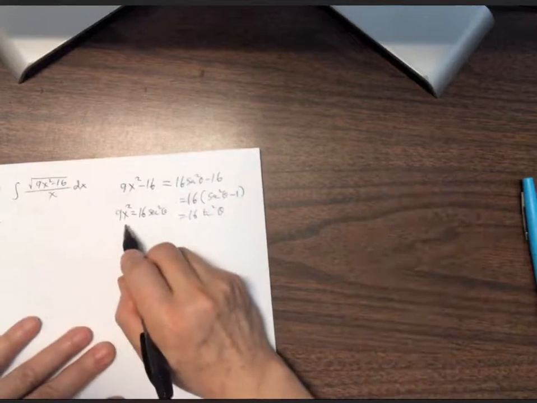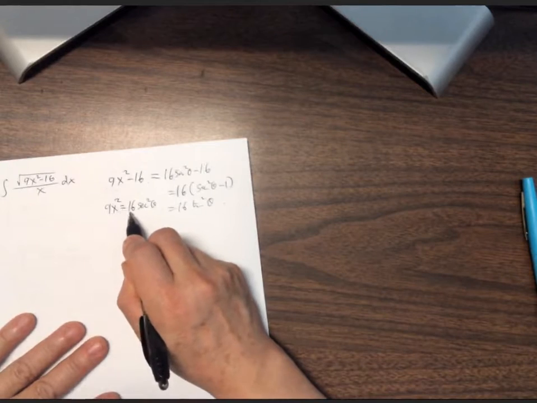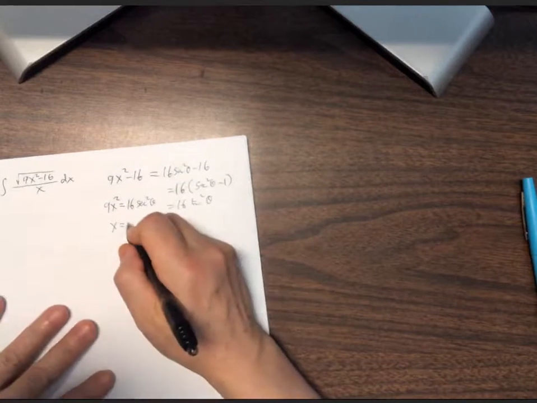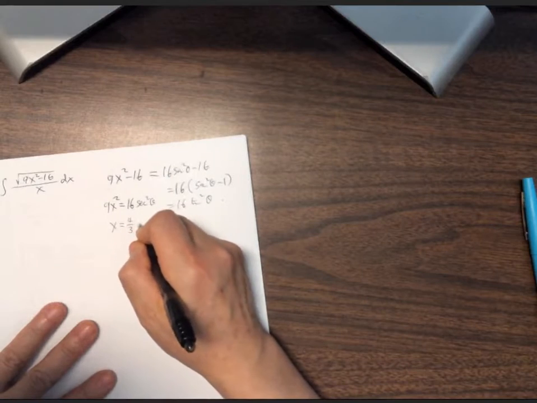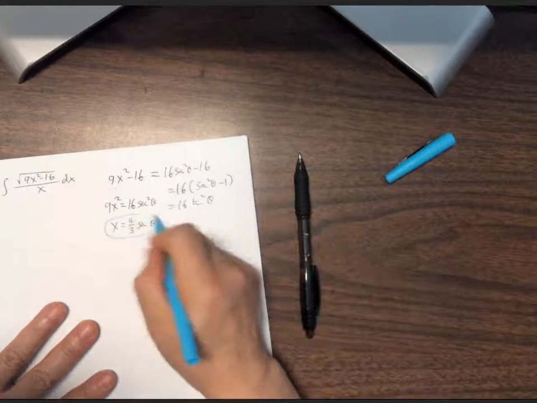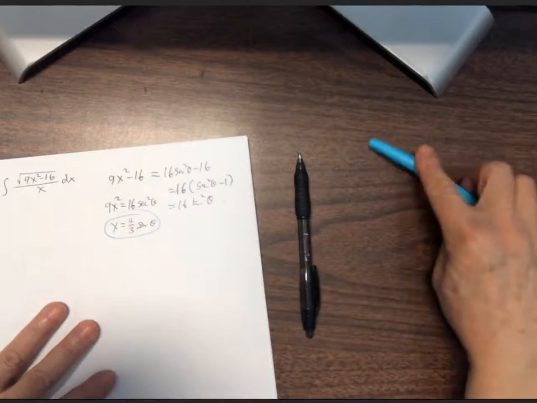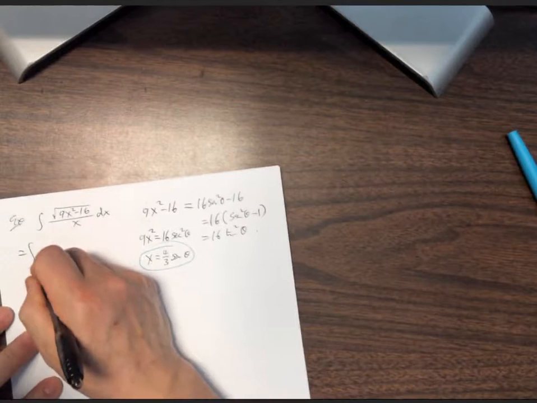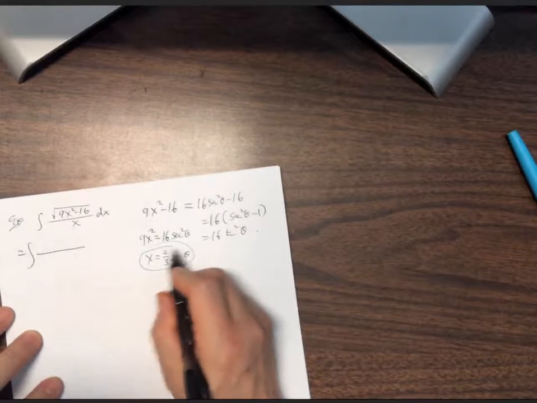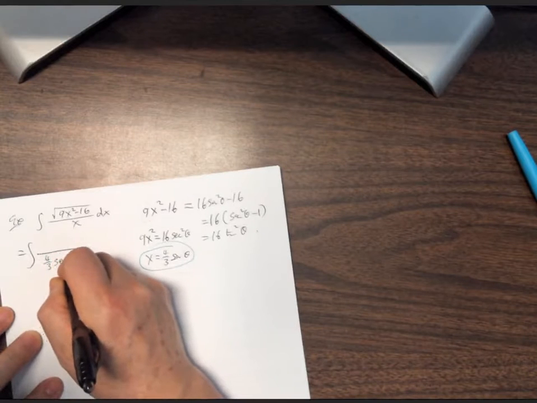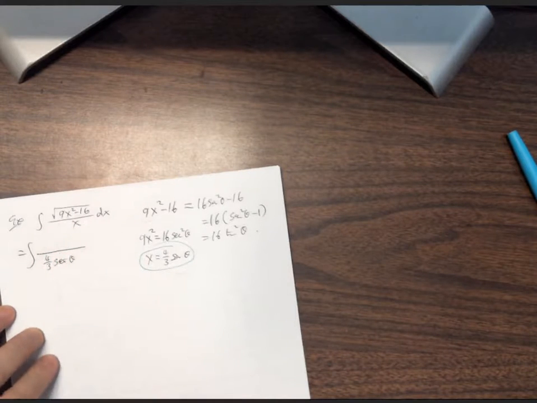Alright, so now if 9x squared is 16 secant squared, x will be, with simple algebra, 4/3 secant theta, and that's our substitution. Plug in 4/3 secant theta for x.